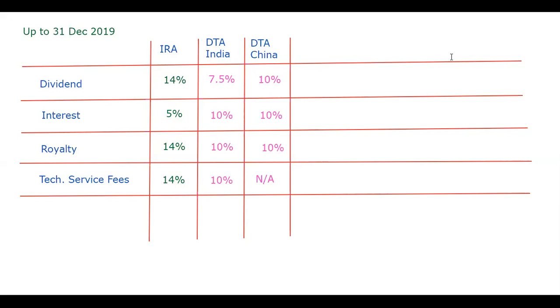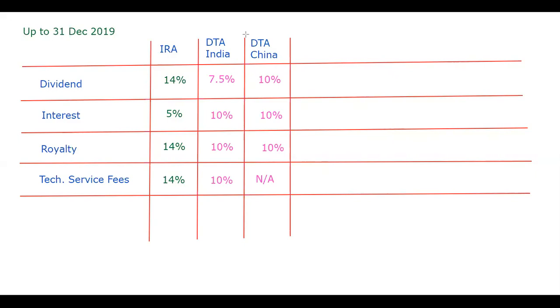Then the total cost for the Sri Lankan company is 100. They can deduct the entire 100 and charge to the P&L. No worries. Is it clear? Hope it is clear, right? Okay.